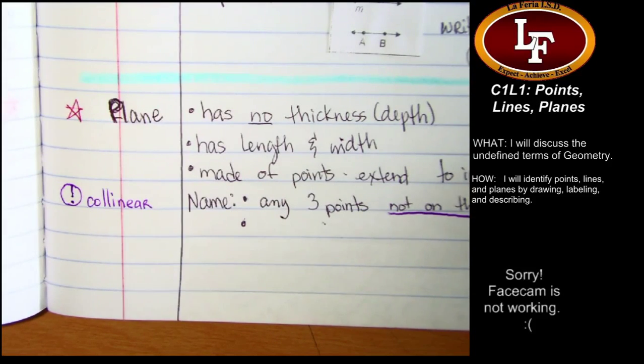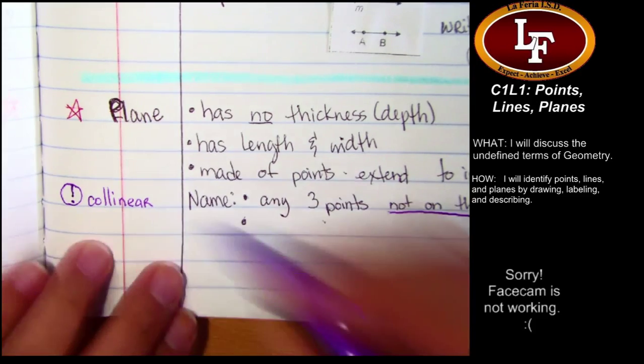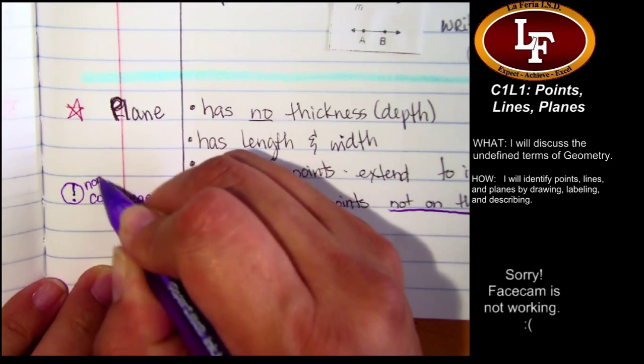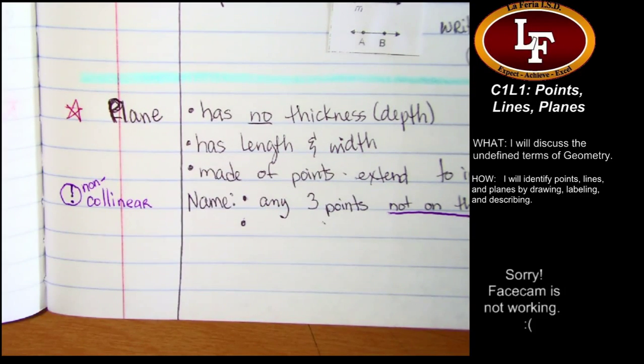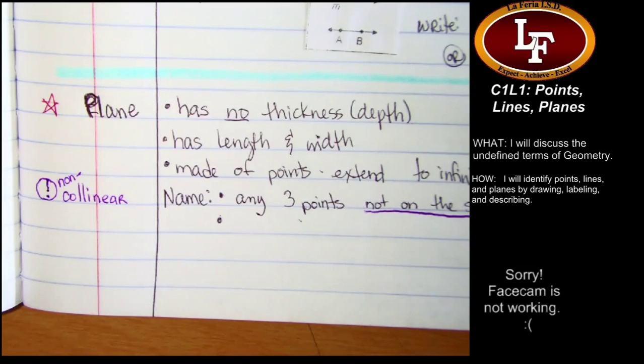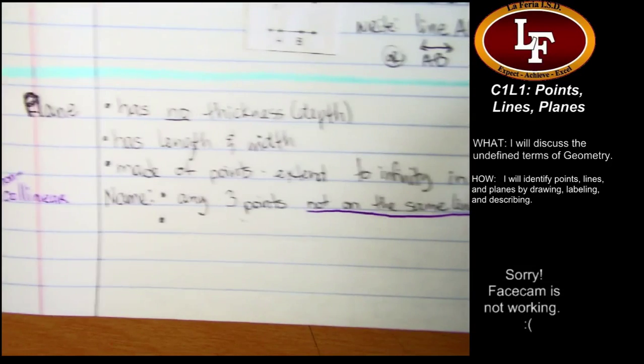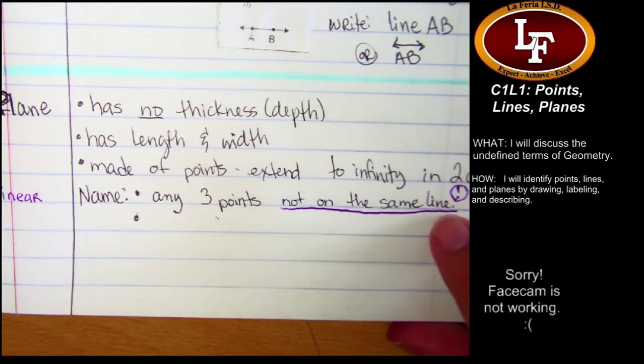Collinear. Non-collinear. So if things are not on the same line, we're going to say that they are non-collinear. You guys are good at that. All right. So any 3 points, not on the same line. You need this part, right? Okay.